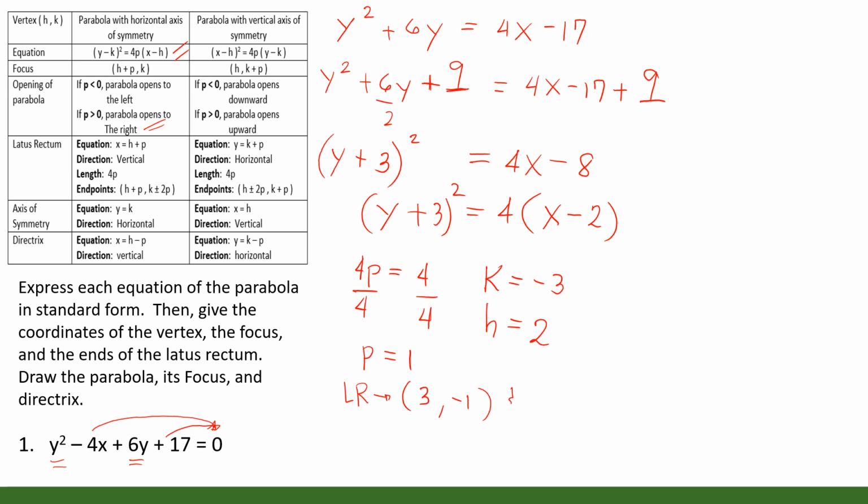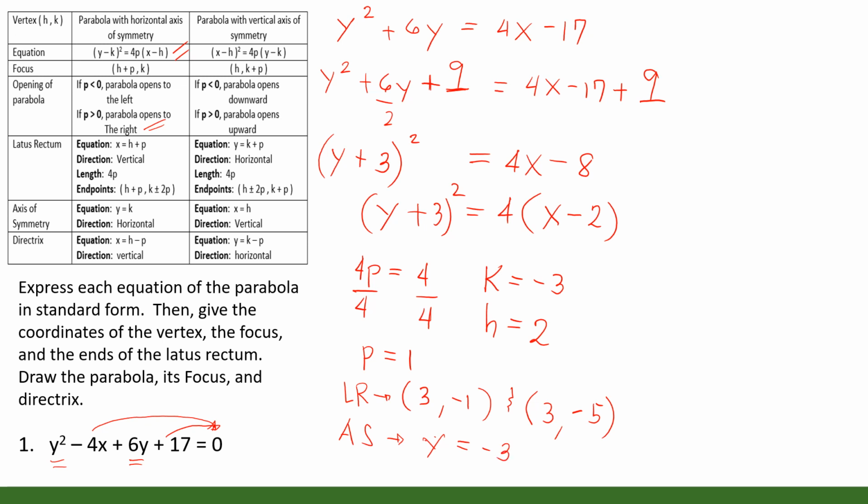And the other endpoint is 3. Then k minus 2p. So negative 3 minus 2 is negative 5. So this is our another endpoint of the latus rectum. Okay, our axis of symmetry. What is our axis of symmetry? Y equals k, so y equals negative 3.